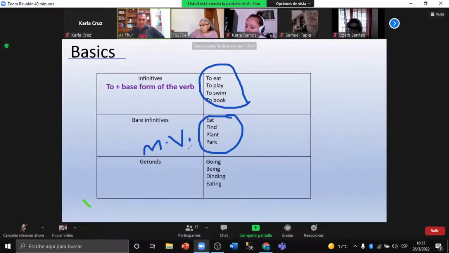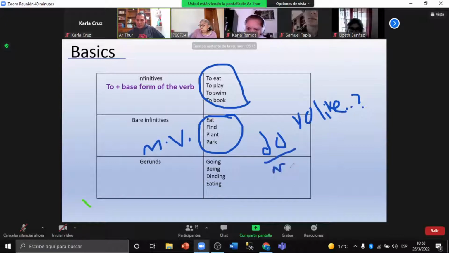Do you like playing soccer? Do, for example, in this case. This is the verb infinitive in this case. Why? Because you have to in this.